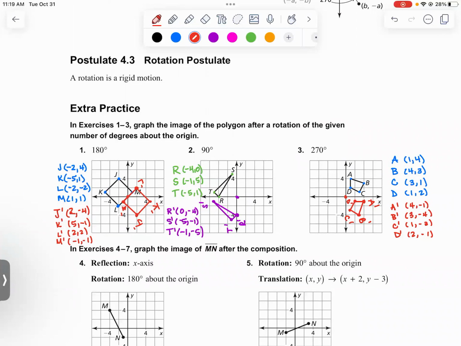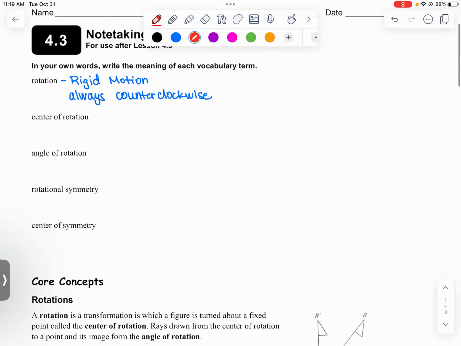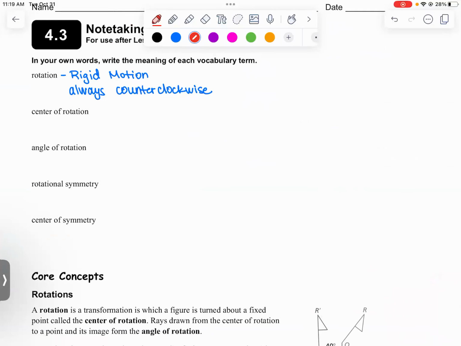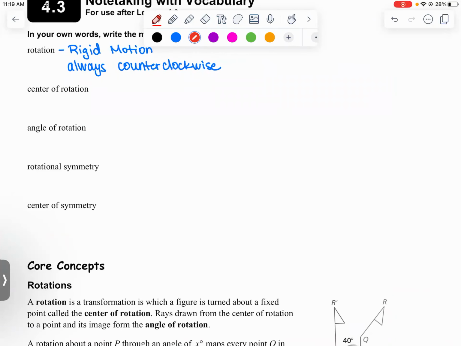Now briefly, we are gonna go back to page 104. And I wanna talk about rotational symmetry and then I'll get you to your homework. Okay?